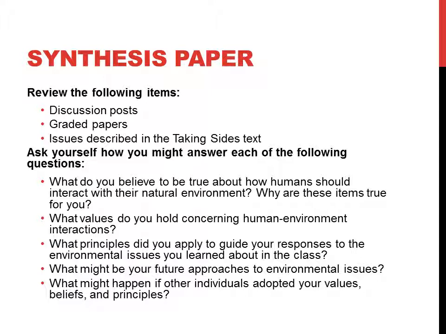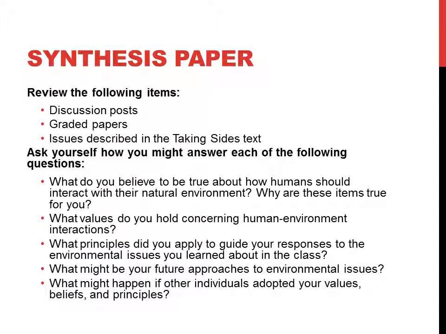What do you believe to be true about how humans should interact with their natural environment? And then why are these items true? What are your beliefs around human-environment interactions? Then again, what values do you hold concerning human-environment interactions? What's important for these interactions? What principles did you apply to guide your responses to the environmental issues you learned about?